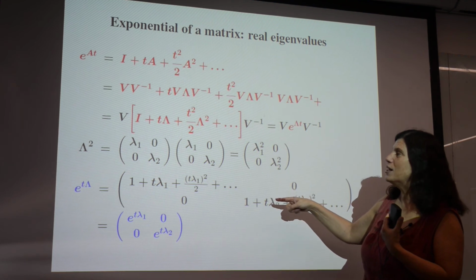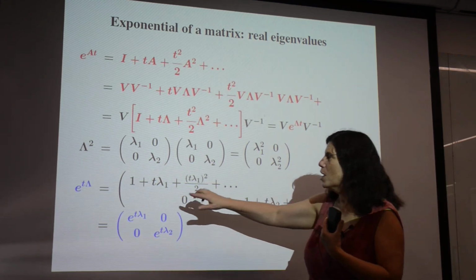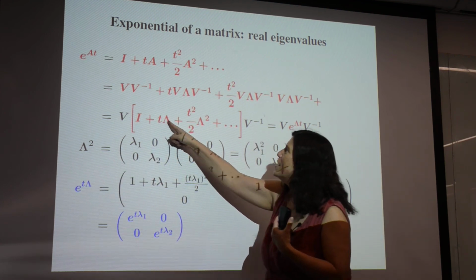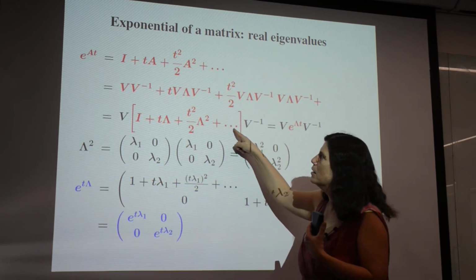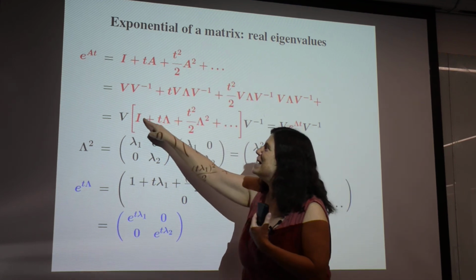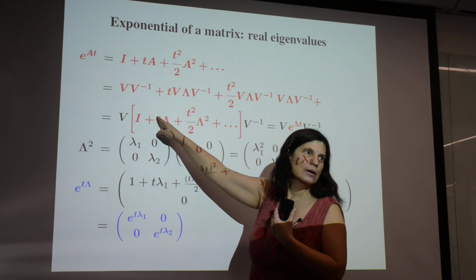And hence, what you end up with is a matrix. Let me go back a couple of steps. We can put this Taylor series back together again, just as we took it apart, to write e to the t lambda here.